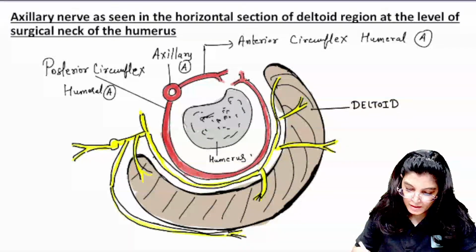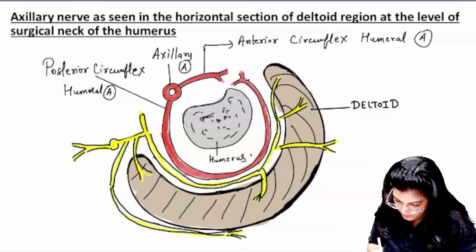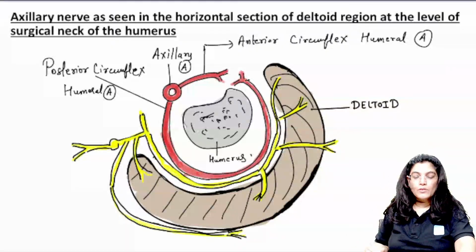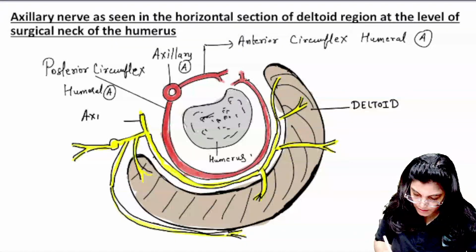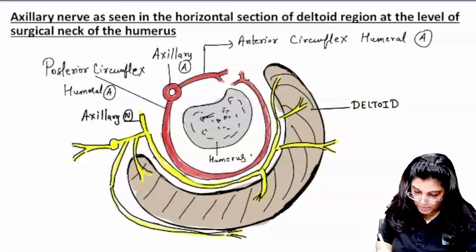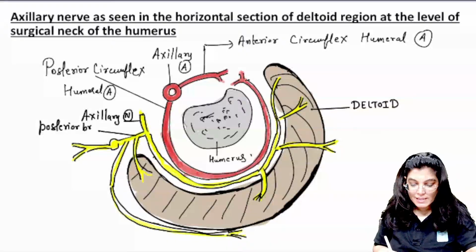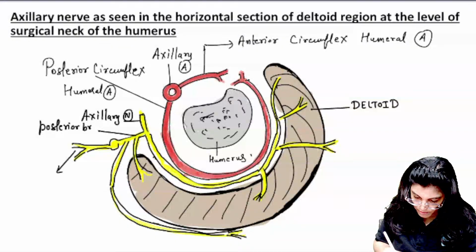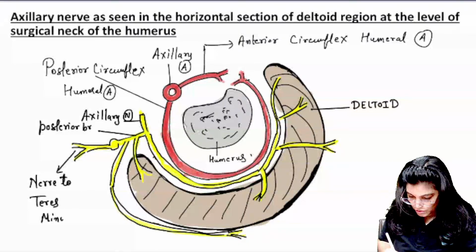Now, this will be exactly the axillary nerve. This will be the posterior branch of axillary nerve, and you can see this is the nerve to teres minor muscle. And my dear students, you can see this is having pseudoganglion.